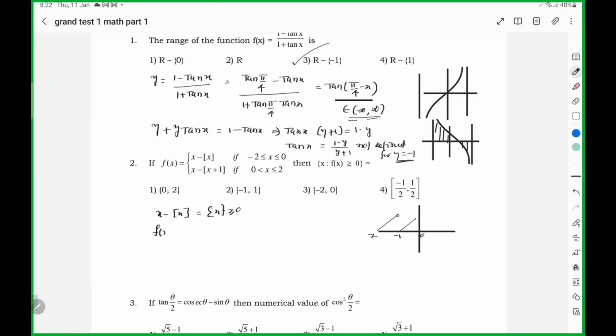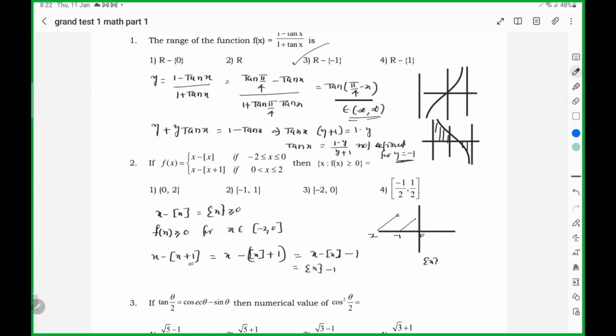So f of x is positive for x belongs to the second part. Since 1 is an integer, I can separate. If it is not an integer, we can't split the integral part like this.